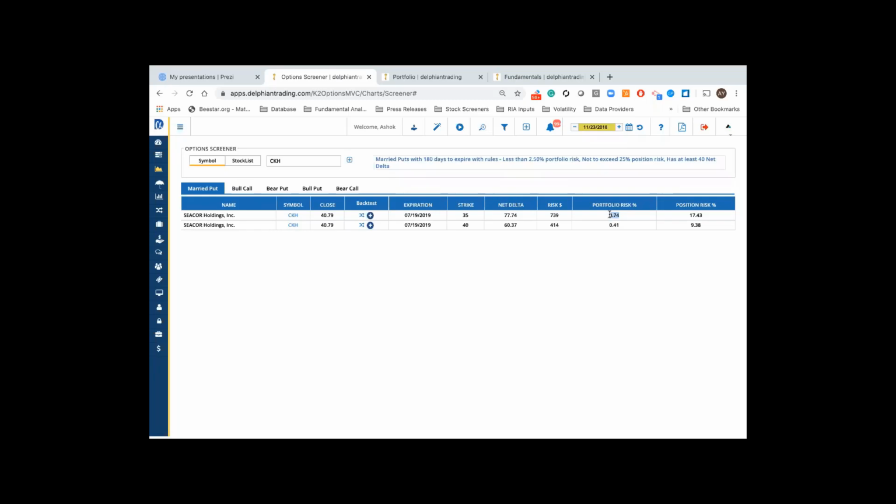For every dollar that the stock falls, what's the gain from the put? The 40 strike will gain quickly when it falls down. It's exactly the reverse. The 35 will gain slower than the 40 strike.